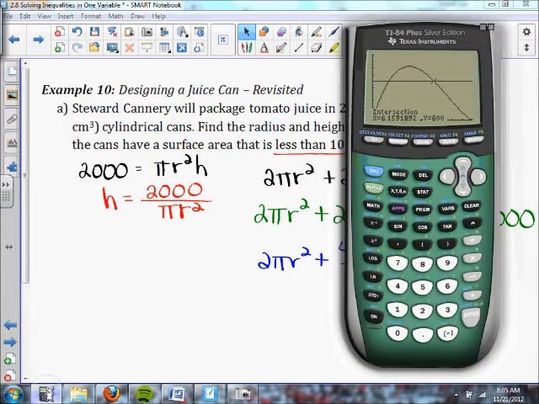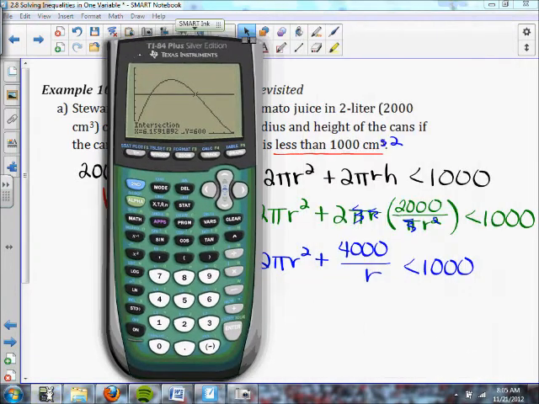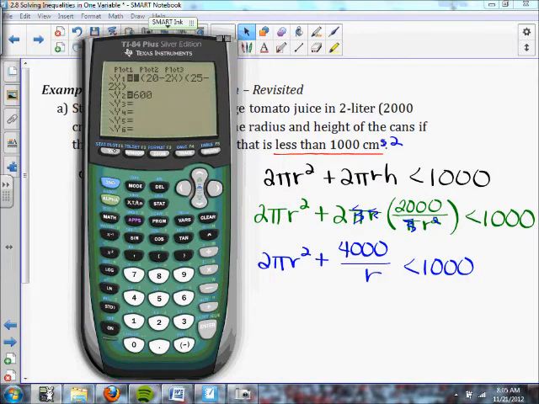So what I'd like to do is graph that into y1, 2 pi r squared plus 4,000 divided by r. We'll have 1,000 here. Window, we could go 0 to 20 and 0 to 3,000.